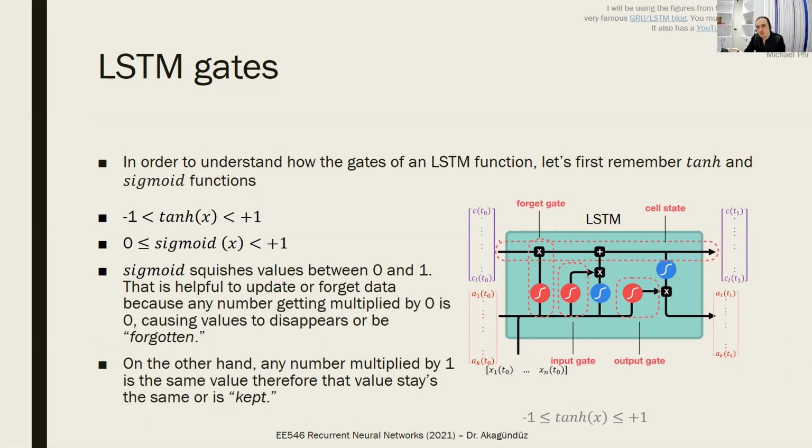So if we observe, for example, the first gate, which we call the forget gate, we're going to do it on the next slide. As we just said, if it is 0, I'm going to be multiplying every single value of the cell state with zeros, which means you've forgotten your previous state, which means the network is making a decision like, I don't need any more information regarding the previous part of this sequence.